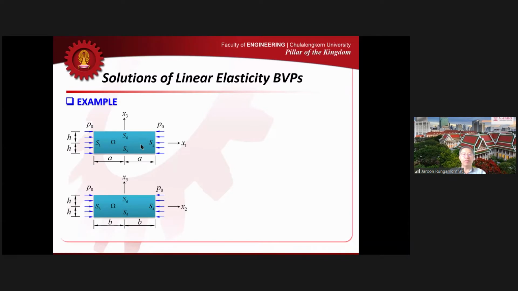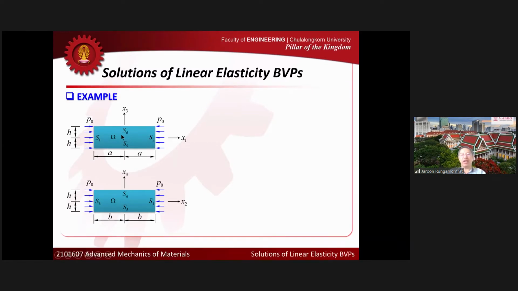For this problem, again, based on the loading condition that I have here, because the traction that we apply here is constant, I think the stress and strain should be constant, right?